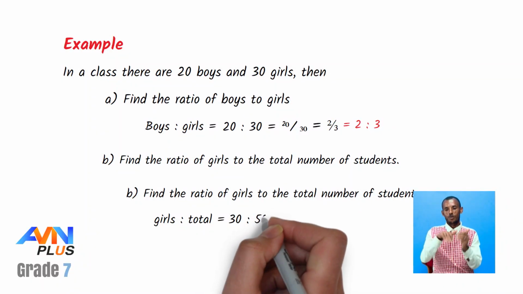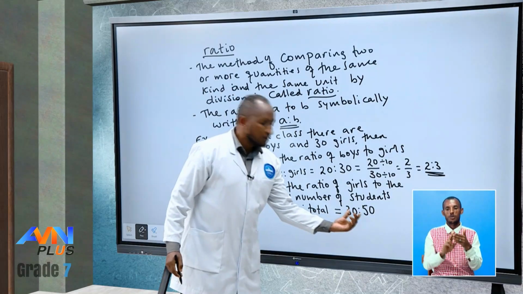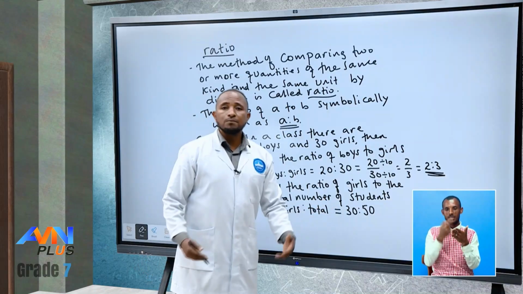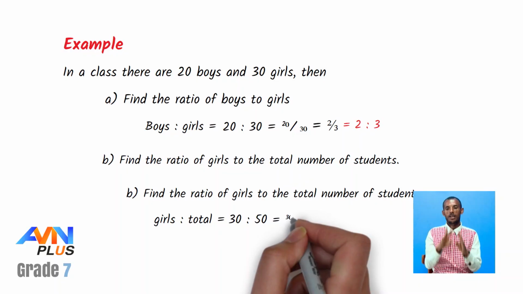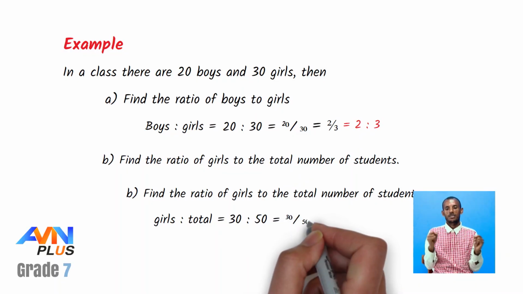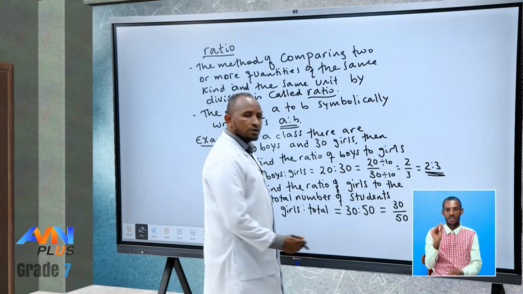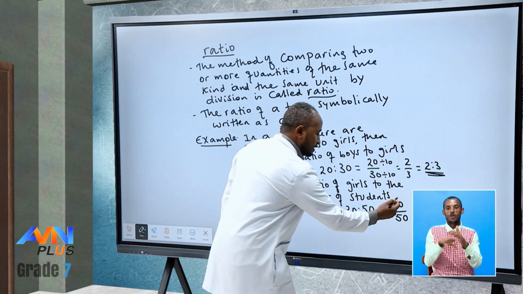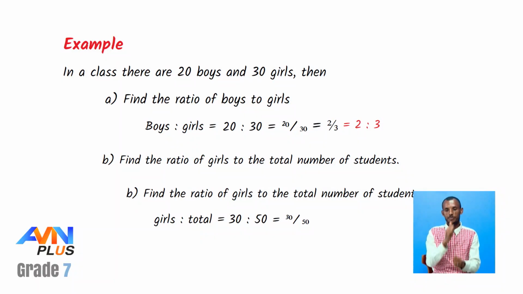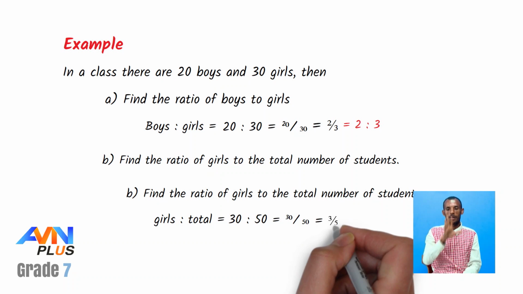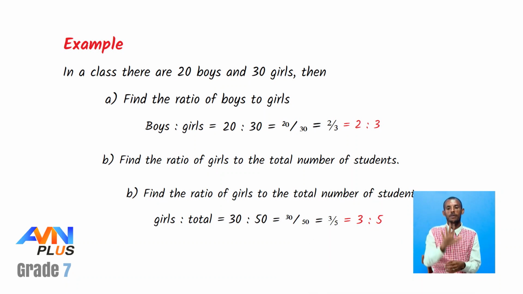Therefore, the total number of students is 50. I have to write this ratio in simplest form. First, write in fraction form, 30 over 50, and to convert this into lowest term, you divide by 10, and you have 3 over 5, and the ratio becomes 3 ratio 5. This is it.